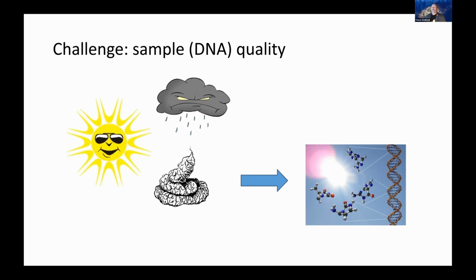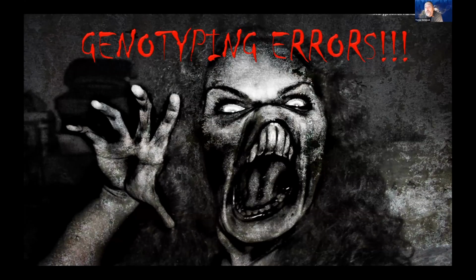The other problem that is critical from the laboratory and data analysis perspective is genotyping errors. With bad DNA, genotyping errors cannot be avoided. They must be managed. And if the laboratory fails to do that correctly, this can have severe consequences for the results of the study.